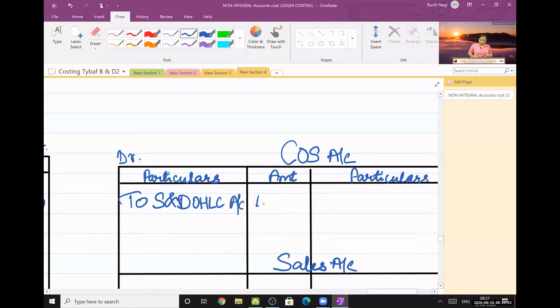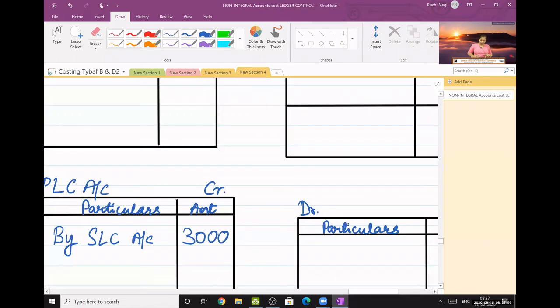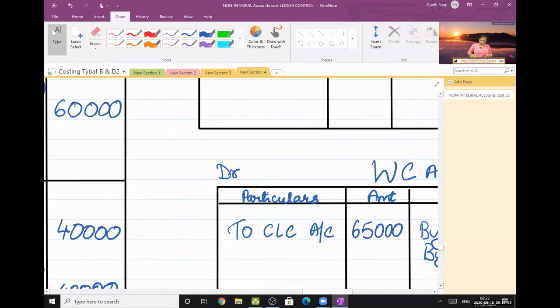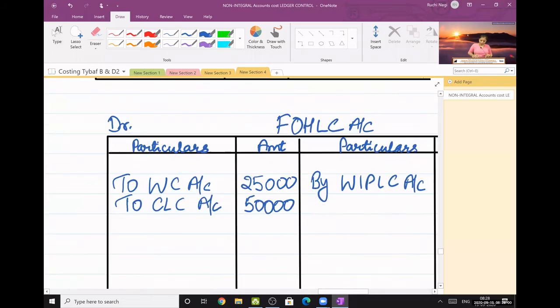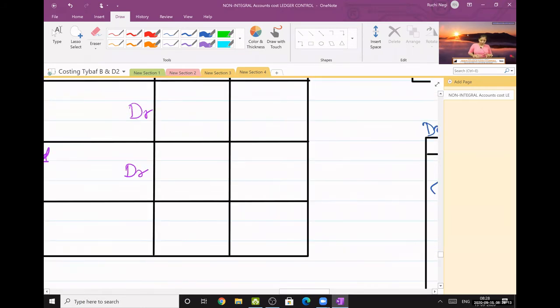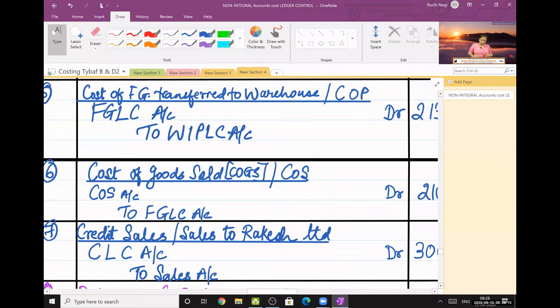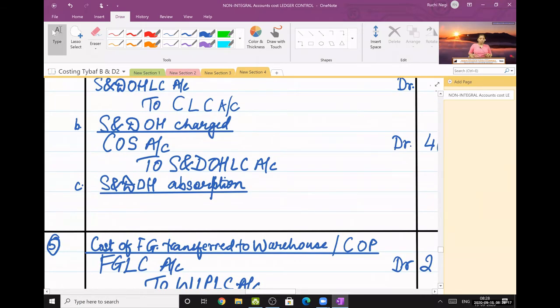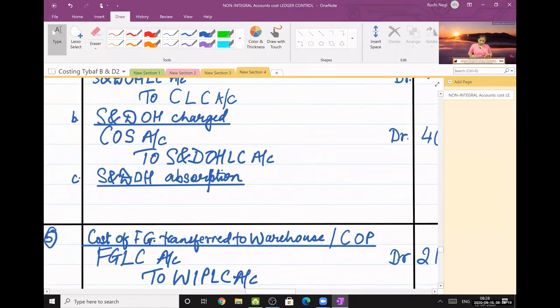How much? 40,000. इसका second effect will go to S&D. The credit side by cost of sales account 40,000. So absorption we will see from the ledger what to do.